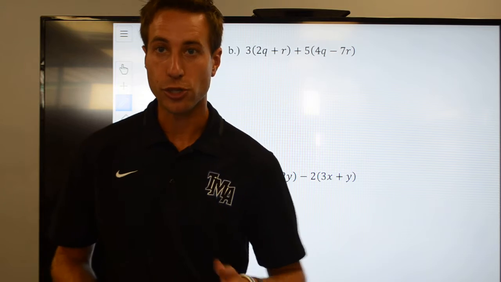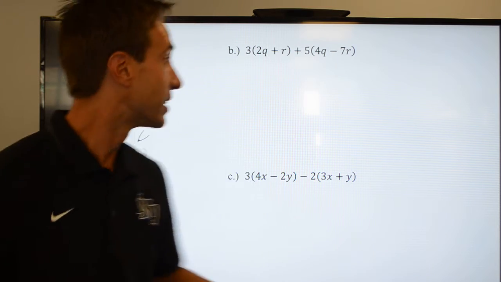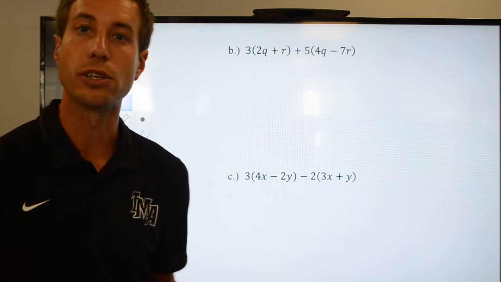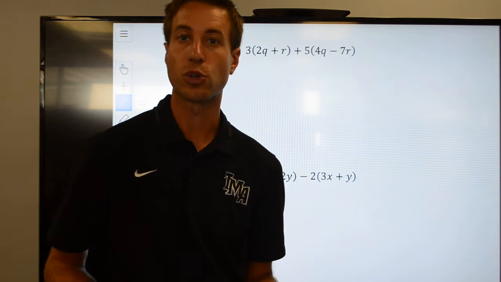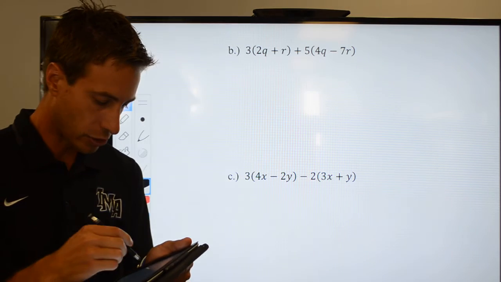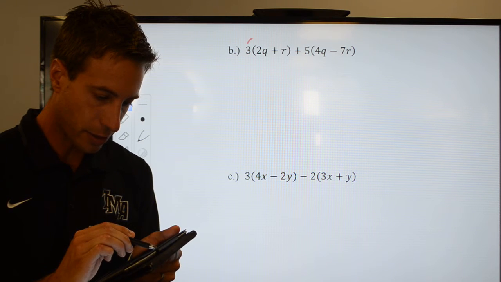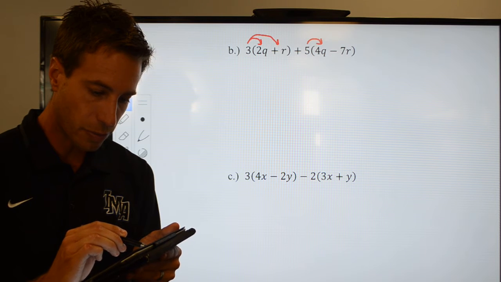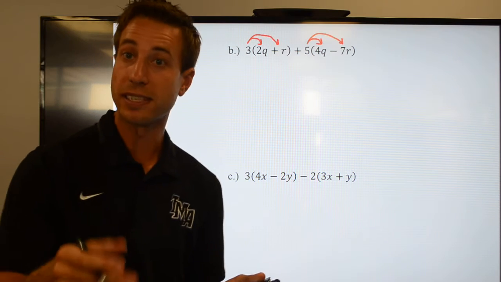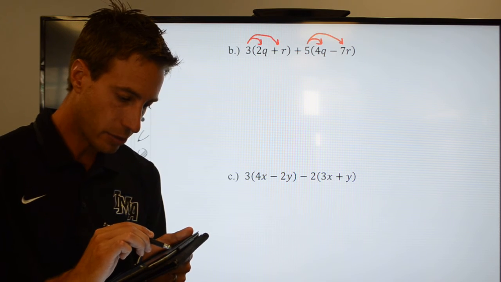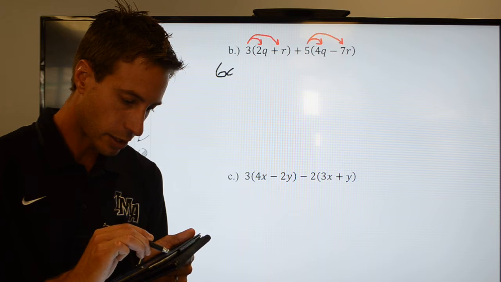Once again, in this problem, it should jump out at you right away. Since I have a constant in front of a grouping symbol, we're going to use the distributive property here. You're going to have to do it twice. Then once you've done the distributive property, let's check for like terms. So here we go. I'm going to multiply the 3 through the parentheses, multiply the 5 through the parentheses. I'm going to go ahead and do all of this at the same time. Hopefully you're okay with that. 3 times 2, 6q.